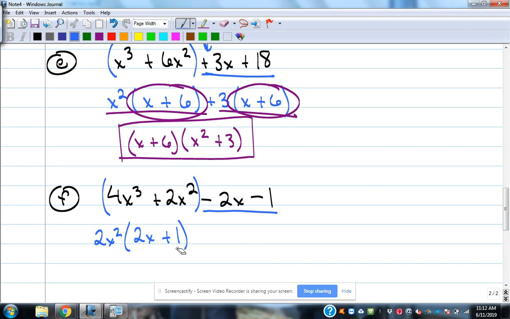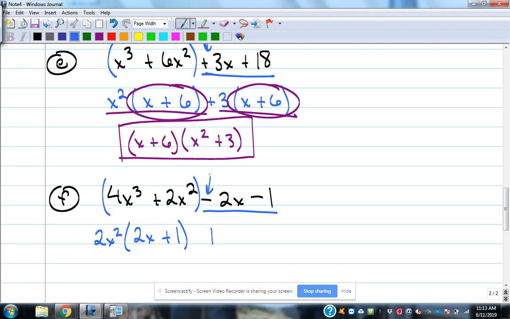Now, here's the one, this second half here, 2 and 1, do they have anything in common? 1. They have 1 in common. Normally, that doesn't help us, but because we're doing grouping, that does help us here. So when I pull out the GCF, I'm going to pull out a 1, but look at this sign right here.